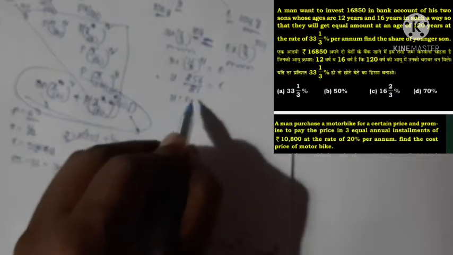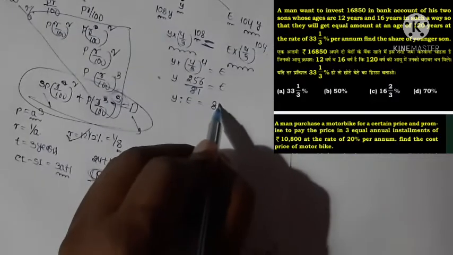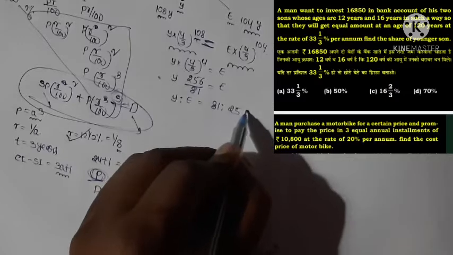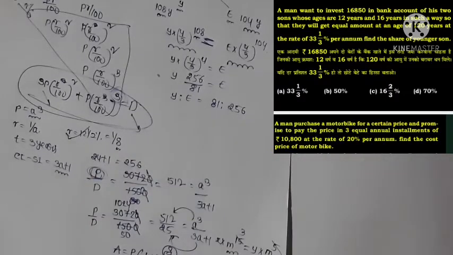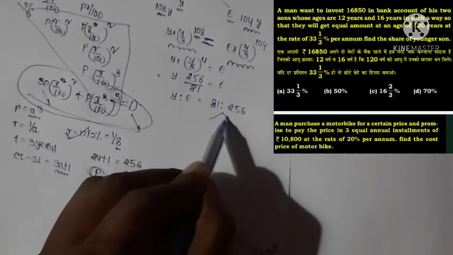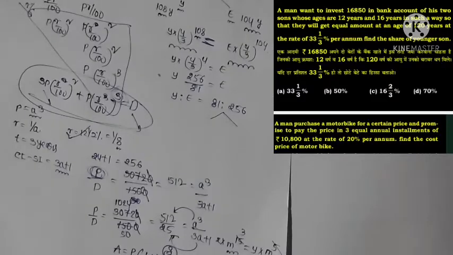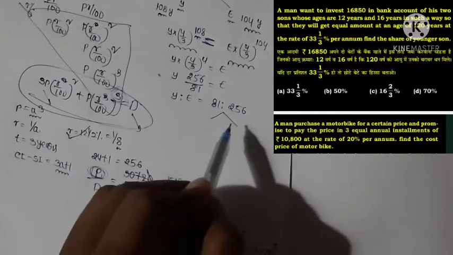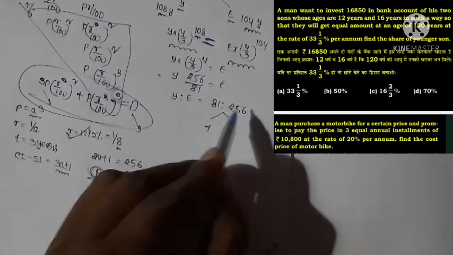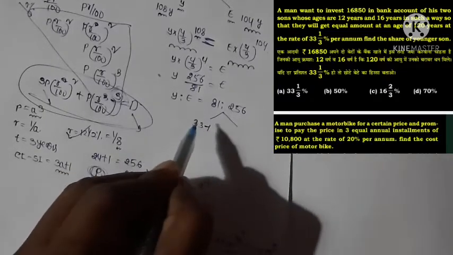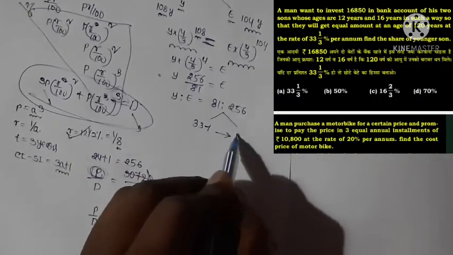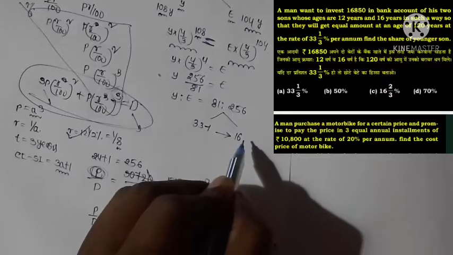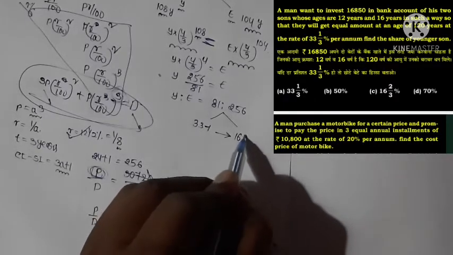So younger is to elder are in the ratio of 81 is to 256. So 16,850 can be divided in the ratio of 81 is to 256. The total value is 337 units, which represents 16,850.